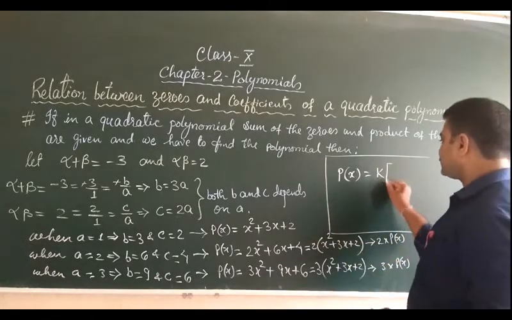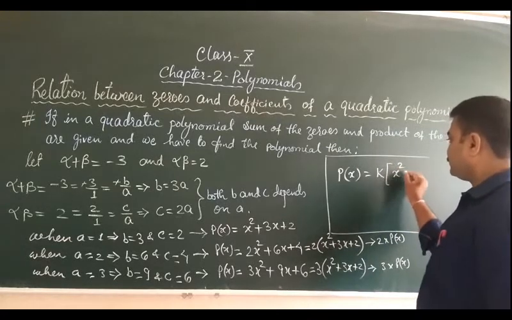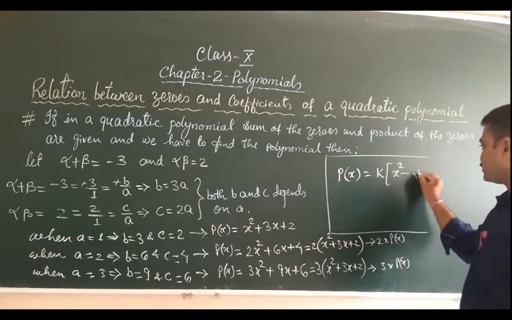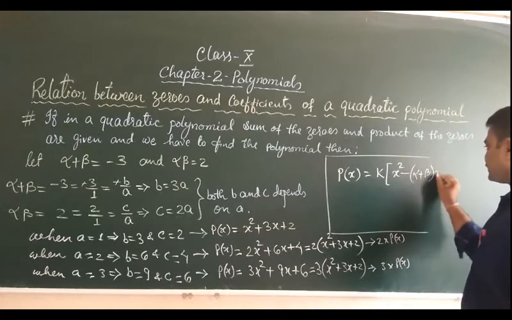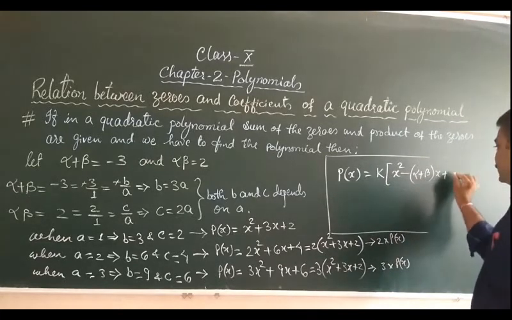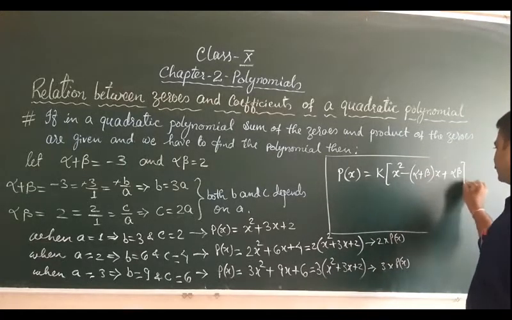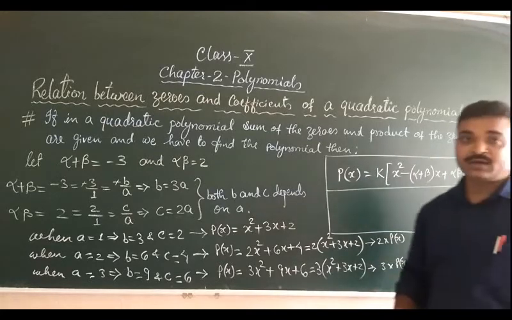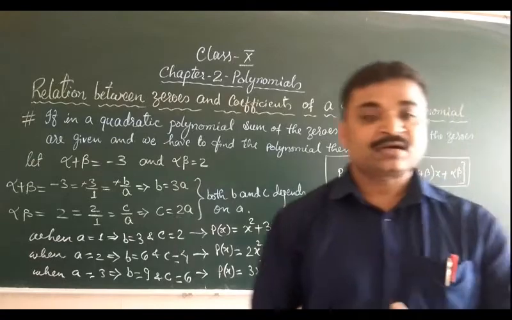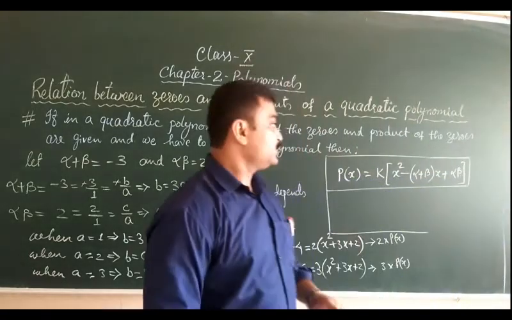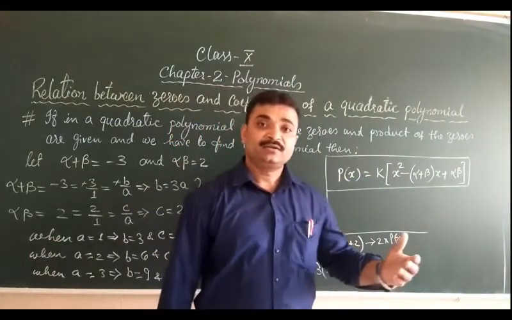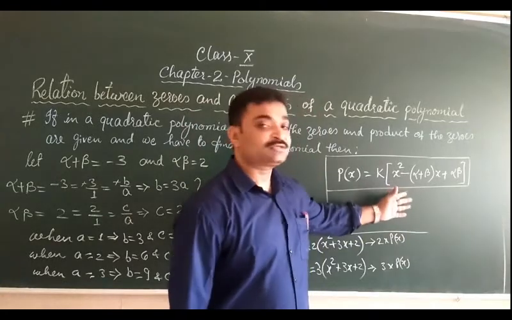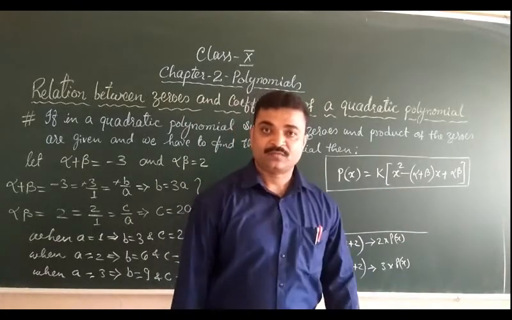Here k times x square minus sum of the zeros into x plus product of the zeros. So this will be our formula. If we have given the sum of the zeros and product of the zeros, then how will we find the polynomial? With this formula we can find it easily. Okay, thank you.